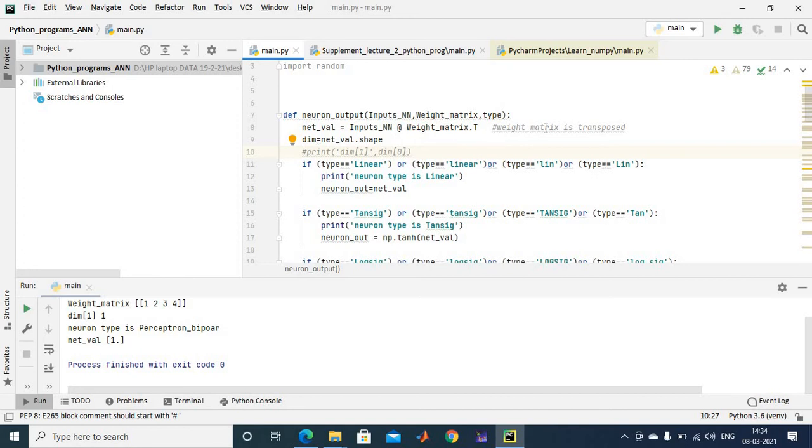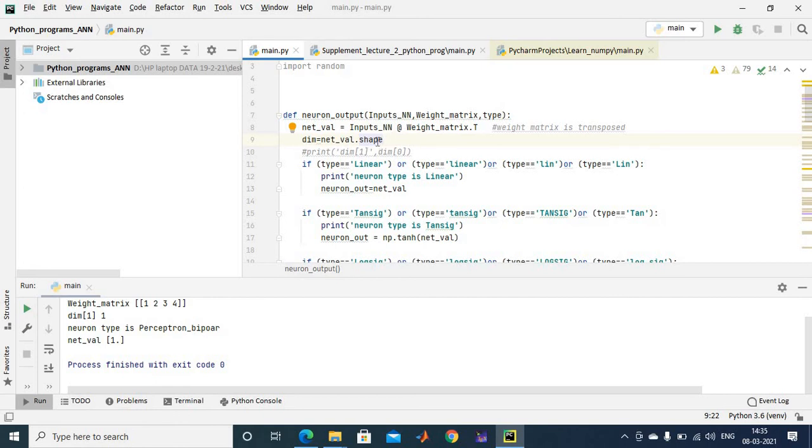Here I have taken the transpose to match the dimension of the weight matrix to the input. So weight matrix dot T means transposing it and multiplying the inputs with that, you get the net value. Depending on the dimension of the weight matrix, accordingly you will get the number of net values.